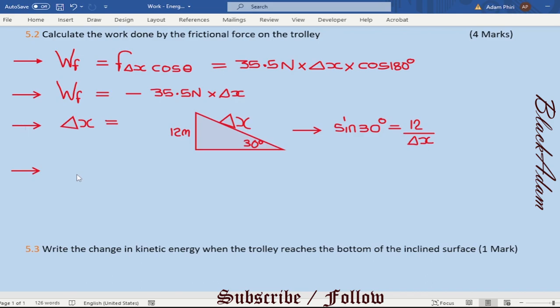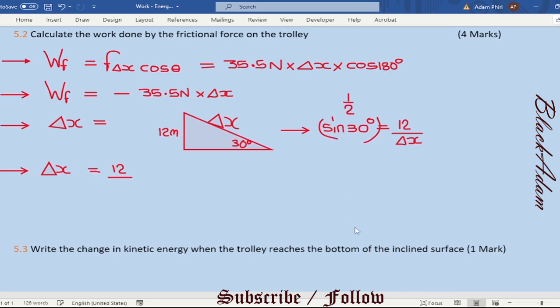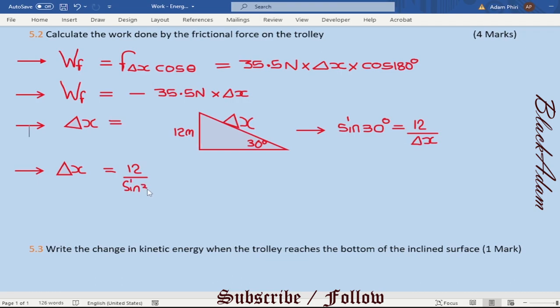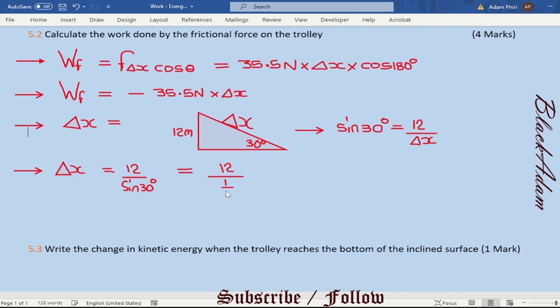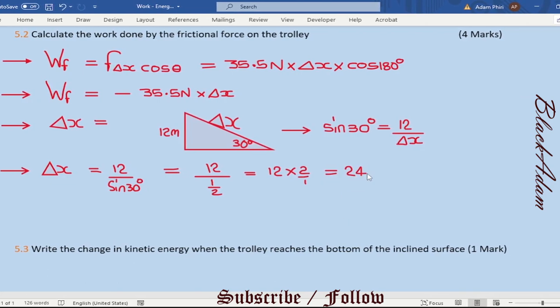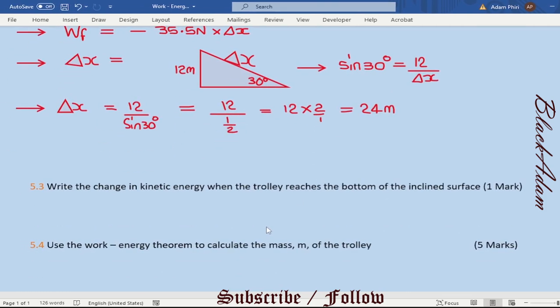Right, so we cross multiply, and the change in x is going to be 12 divided by sine 30 degrees, because sine 30 degrees is half. So 12 divided by half gives us 12 multiplied by 2 over 1, which is 24 meters.